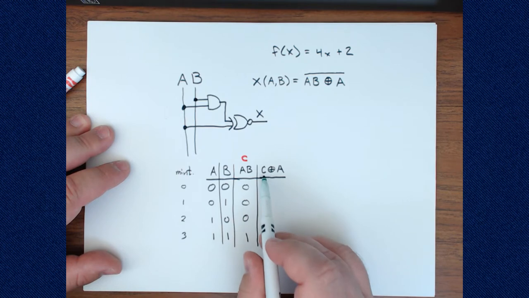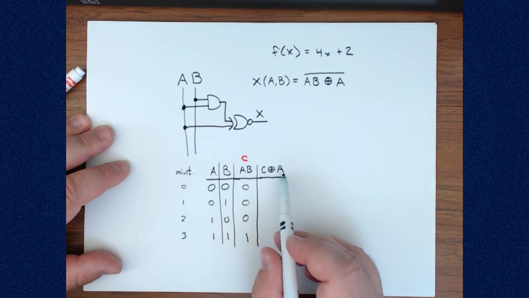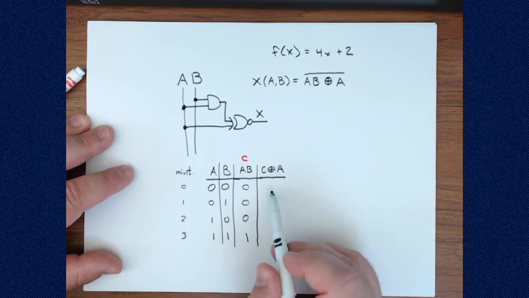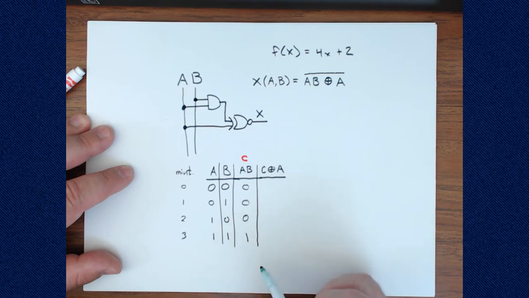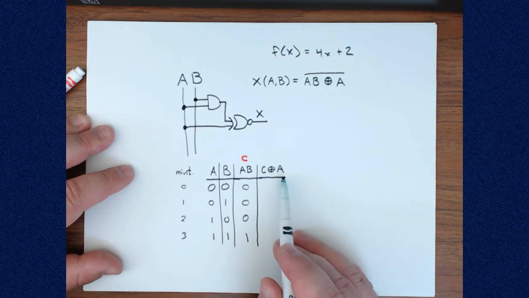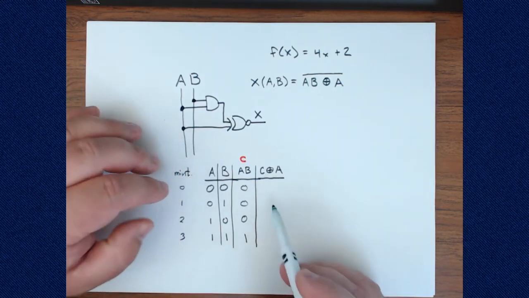Instead, I have to evaluate these 2 inputs and determine via the exclusive OR operation what bit should show up for each minterm row. So the way exclusive OR works, if you recall, is that we need one and only one of its inputs to be a 1 in order to get a 1.